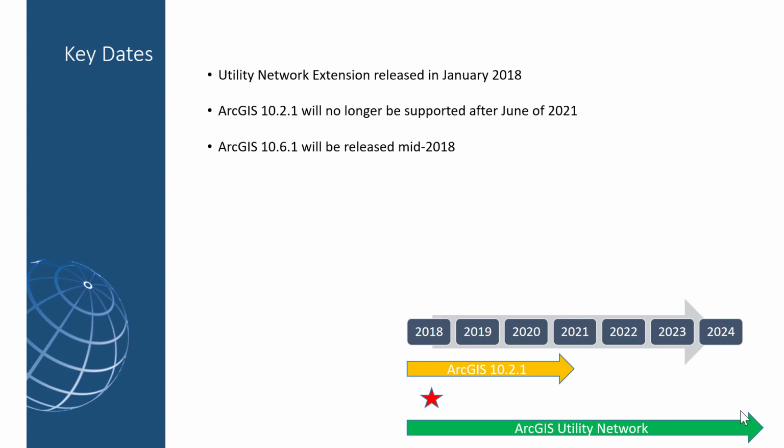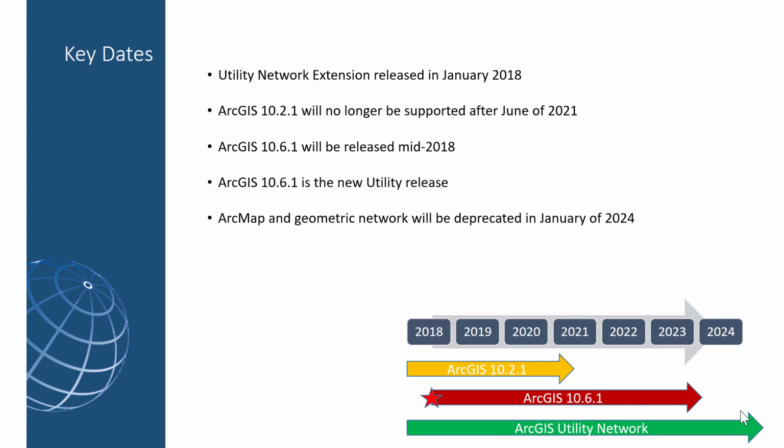So earlier this year, Esri announced the release of 10.6.1 on target, but the difference is that it is going to become the new utility release. So they're going to migrate off of 10.2.1, and they're going to try to migrate everyone that wants to stay in the utility release, that doesn't want to go to utility network right away, by June of 2021. So that's a good thing.